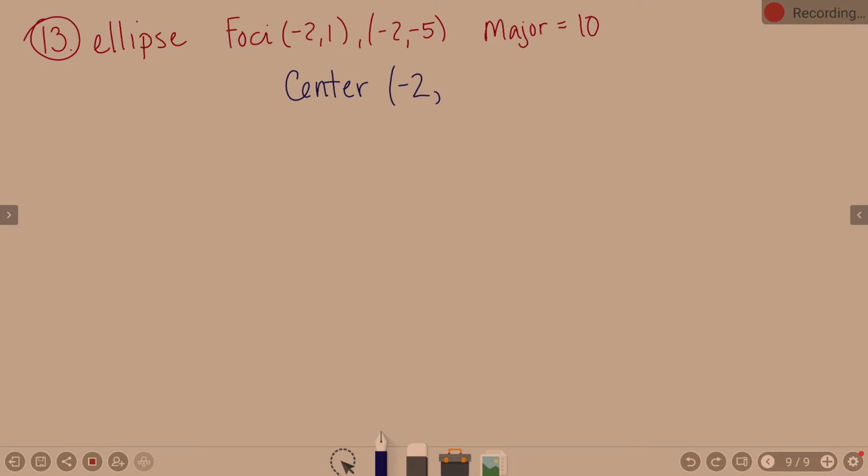So it's going to have to be 2 left, and what's in the middle between 1 and -5? So 1 and -5 are 6 apart. And if you count in 3 each way, it does end up at -2. So I would say you could do that without a picture, right?